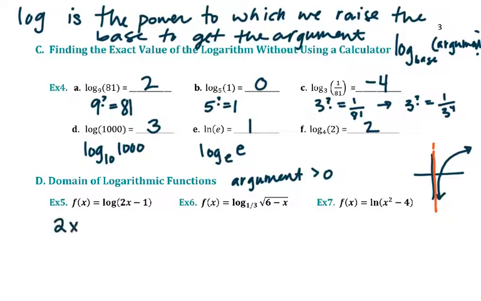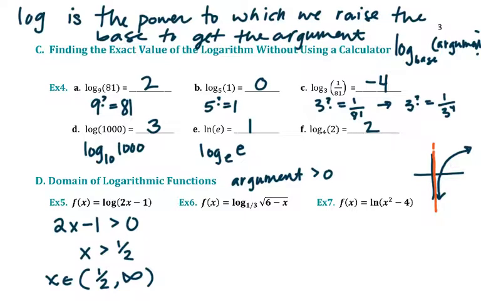We know that 2x minus 1 has to be greater than 0, which, adding and dividing, gives that x needs to be greater than 1/2. And writing that in interval notation, x is in the set from 1/2 to positive infinity.